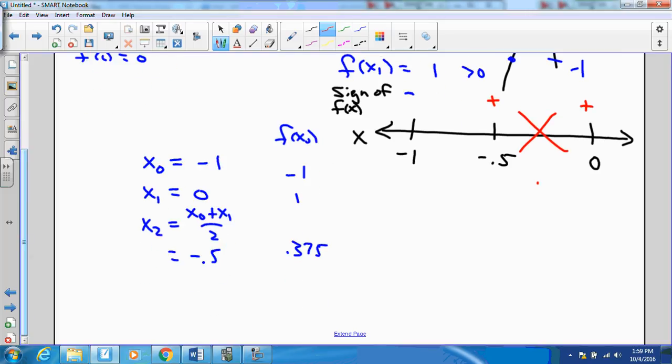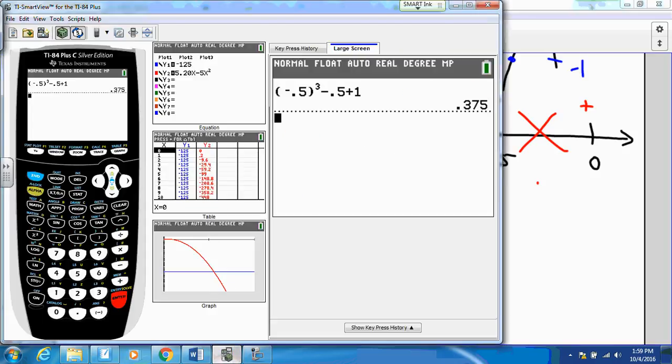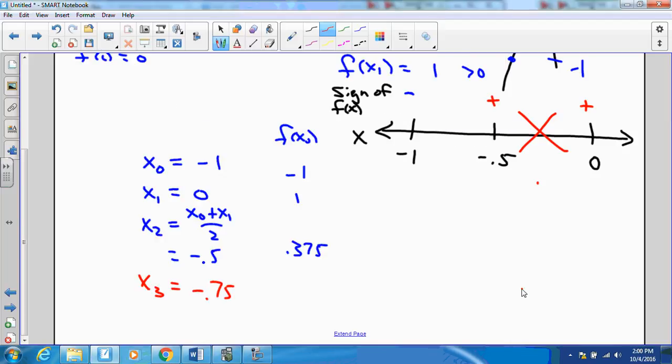I can take the average of negative 1 and negative 0.5. What is that average? That's right, negative 0.75. And I can evaluate f at negative 0.75 pretty easily. And when I do, I get negative 0.1719. You know what?